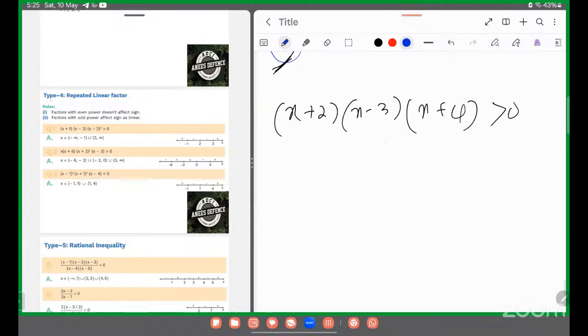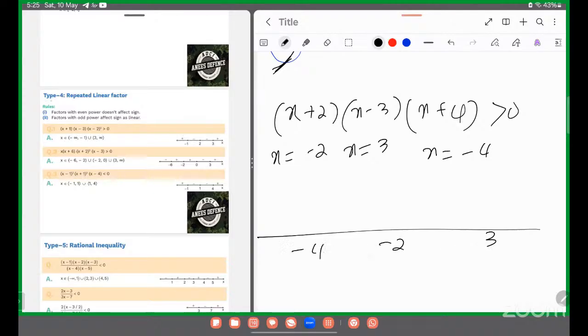Another example, (x plus 2)(x minus 3)(x plus 4). What are the critical points? x is equal to minus 2, x is equal to 3, and x is equal to minus 4. So 3, minus 2, minus 4. Any value greater than 3 will be plus. Between minus 2 and 3, it will be minus.